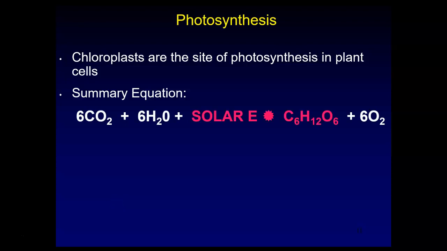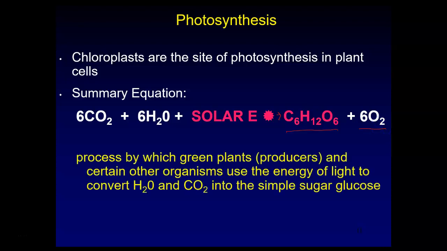And then we're going to absorb some water from the root system and with the help of solar energy. So we know this is an endergonic reaction because we need some solar energy. And then it will yield us lots of glucose and oxygen for our cells so that we can stay alive.